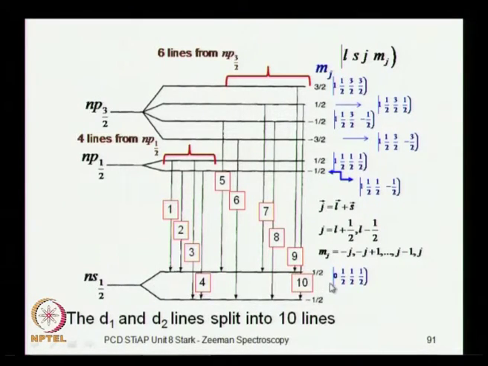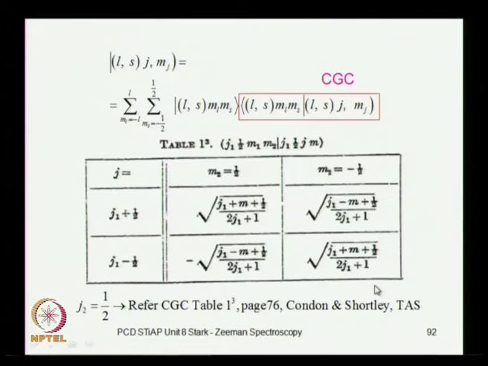So L is 0, S is always 1/2, and J is always 1/2 because L is 0, okay. So J can take only one value which is 1/2, and Mj can take 2 values which is either plus 1/2 for the upper one and minus 1/2 for the lower one.